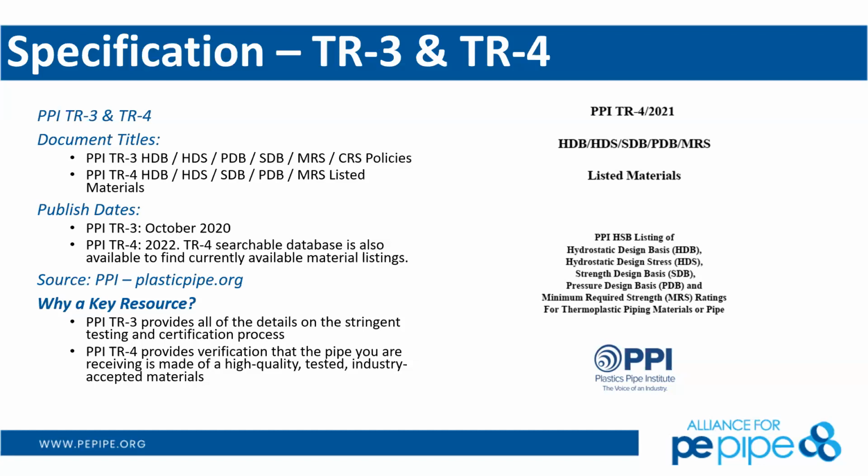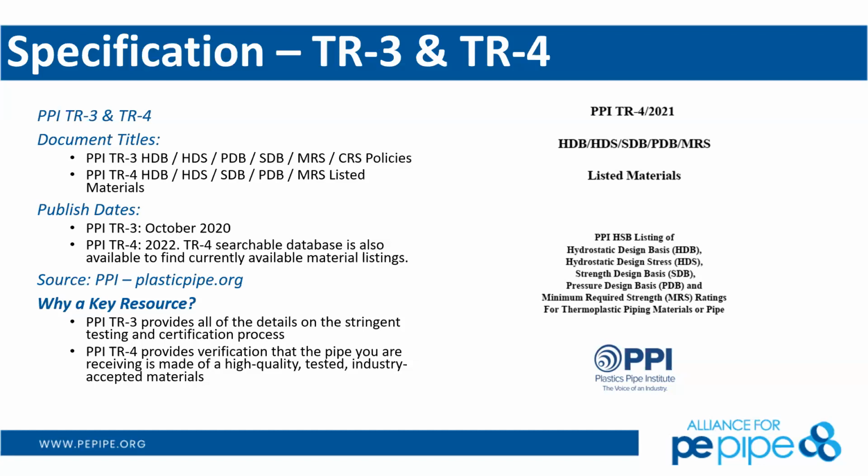Once you've gone through all that process and done a lot of testing with hydrostatic testing, you then get qualified and your material gets published in TR4. So that's the real discrimination or determination between the two. TR3 is the policies. TR4 is the real listing that you need to look up and see, all right, are these materials in there? And like I said, it's all materials.